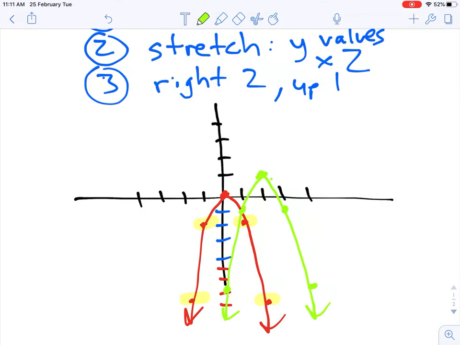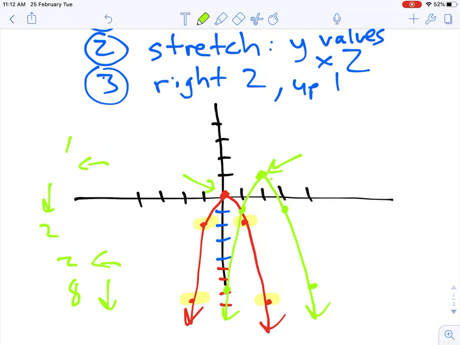Or if you see, from the vertex, that you're going over 1 and then down 2, and then over 2 and then down 8, you can just copy that from the new vertex.